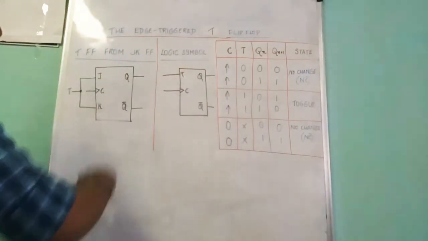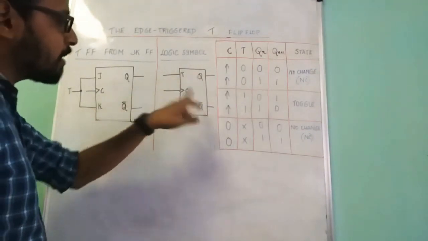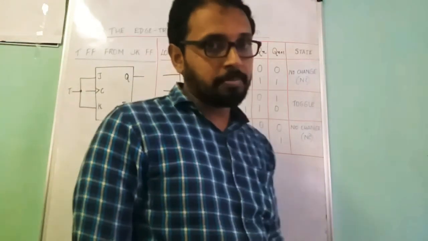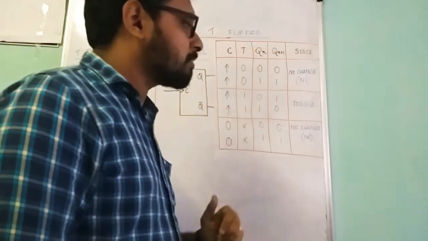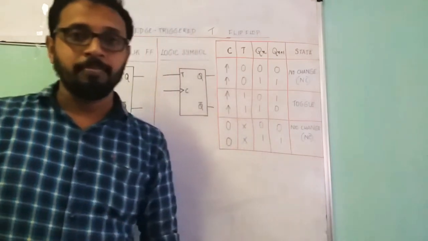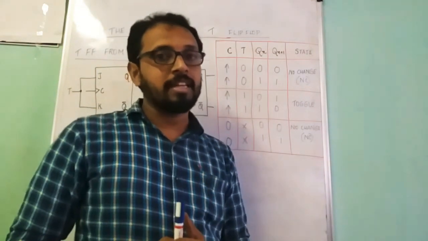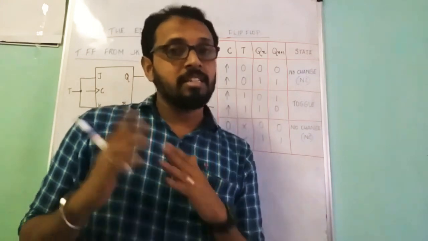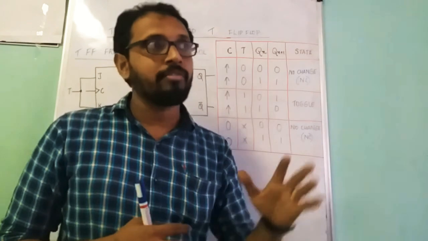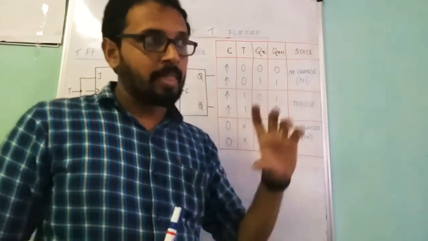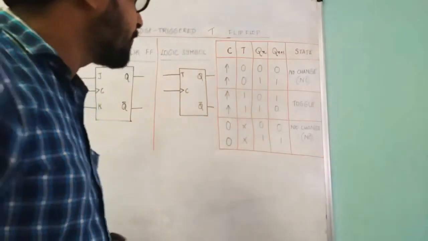This is the logic symbol. We have the T input, a clock signal, and the Q and Q bar outputs. And what about the truth table? What we understand from this is that when the value of T is high, on each reception of the clock pulse, the state is changed.